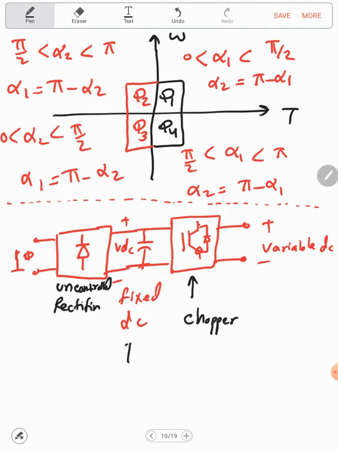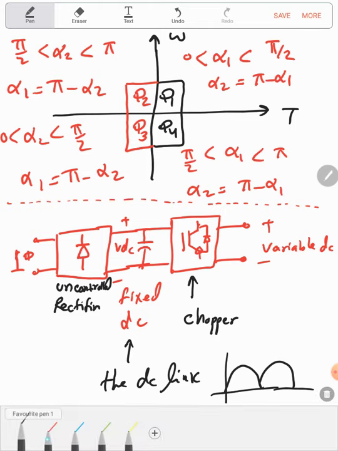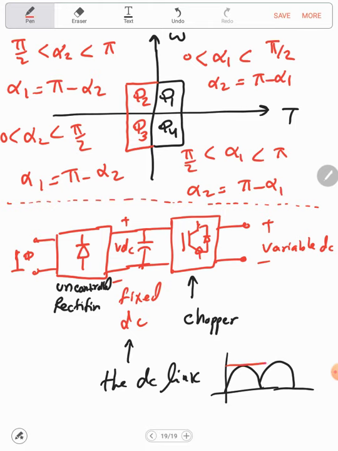And this one we call the DC link. Simply, here we are using a capacitor because if this is single phase, we will end up with the following output. It has a ripple. So if we use a capacitor, it can flatten and fix the DC value.